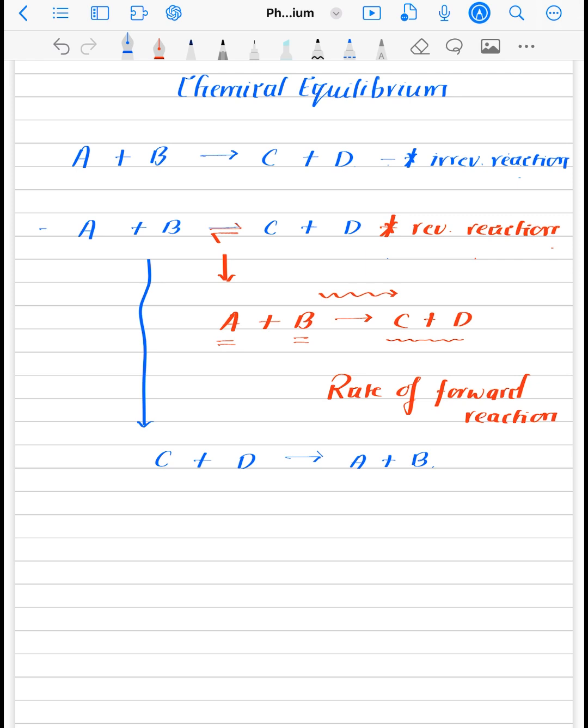Now, at this particular point, what is happening is the C and D are reacting to give back the A and B. In such a direction, we consider the reaction is going in a backward state. So we consider it as a backward reaction. Now here, the rate at which the backward reaction is occurring, we will simply consider it as the rate of backward reaction.